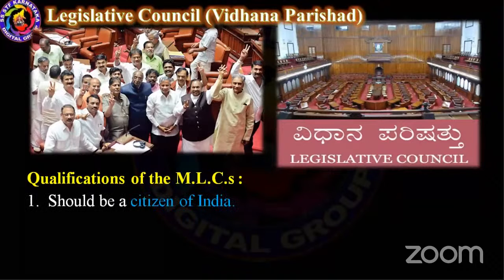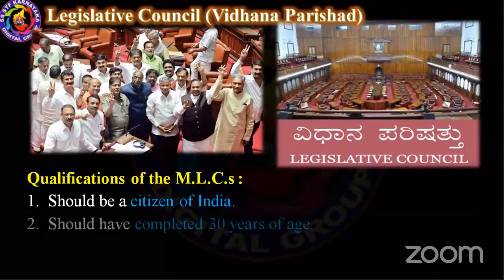He should be a citizen of India. The qualifications of the legislative council and legislative assembly are the same. The only difference is in age. If anyone would like to contest in the legislative assembly election, they should have crossed 25 years, and for the legislative council they should cross 30 years.